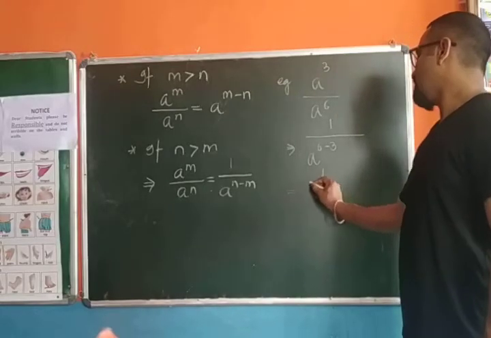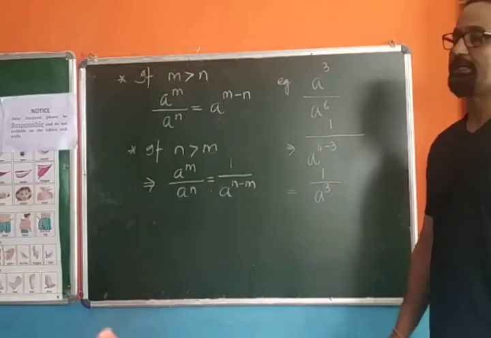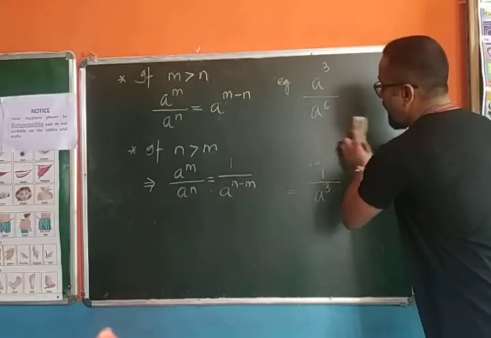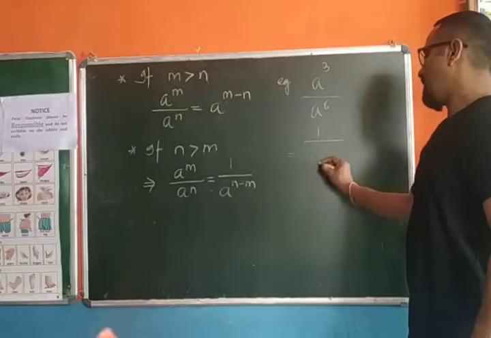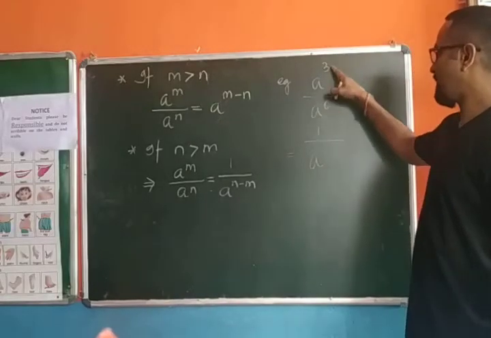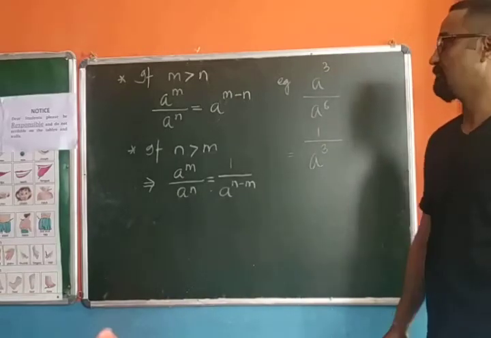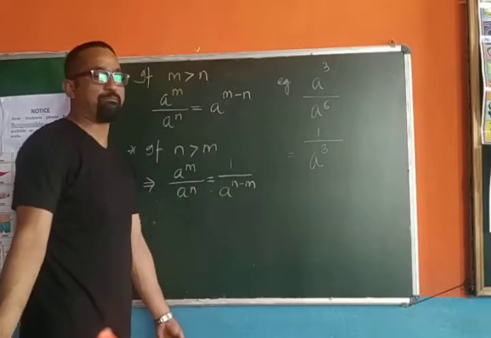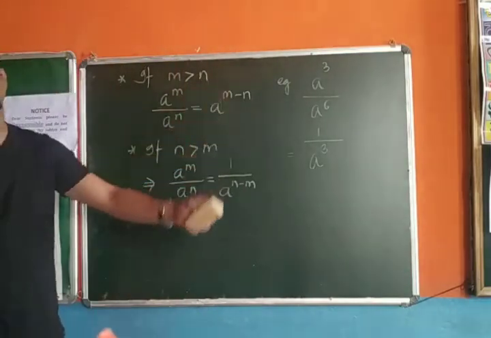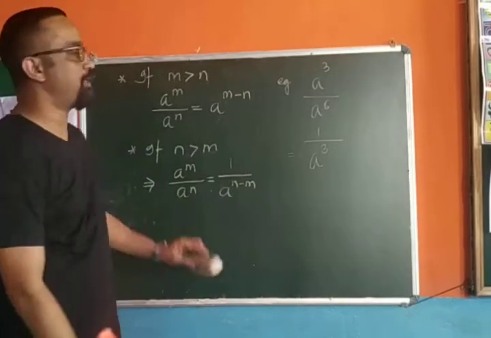So we write 1 divided by a to the power of 3, 6 minus 3 is 3. Or you can write directly 1 divided by a, 6 minus 3 is 3. It has to be kept in the denominator. So these are two formulas you remember. You don't have to keep writing a into a into a, b into b into b and so on.